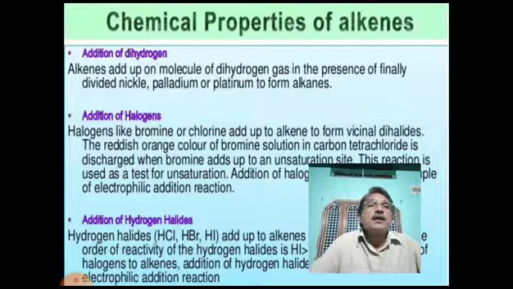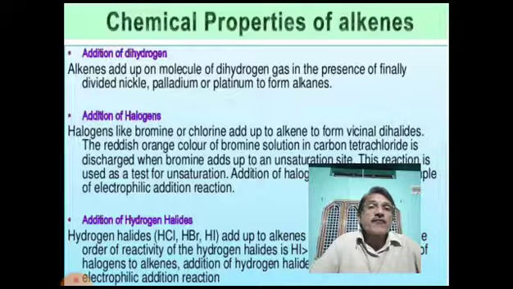For example, C2H4 plus H2 in the presence of Ni, Pt or Pd gives C2H6. So by adding a molecule of hydrogen, ethene is converted to ethane.